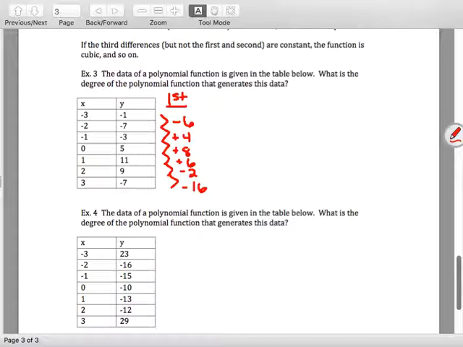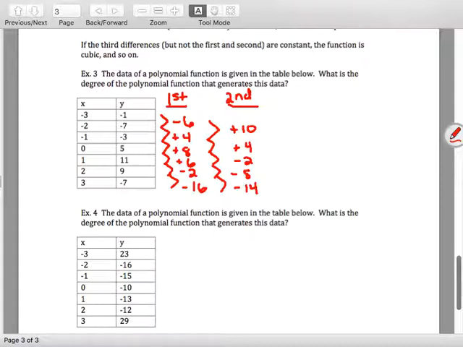It's the same thing. So now what we're going to do is take the differences of the differences. So this one's going up 10, this one's up 4, down 2, down 8, down 14.